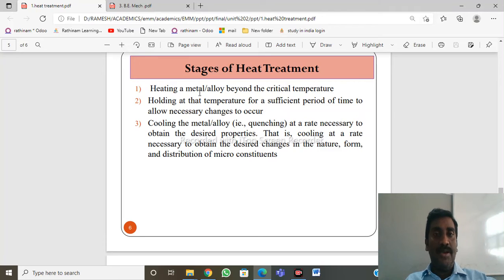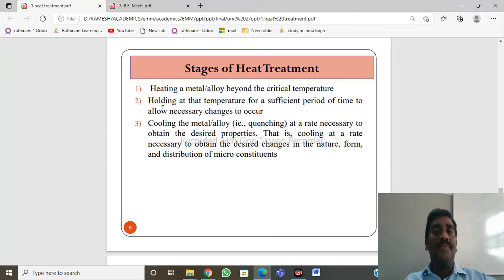Then hold at the temperature for a sufficient period of time to allow the necessary changes to occur. Heating is not the only important thing; holding is also most important. Maintaining the same temperature for a particular time makes the necessary changes in its properties and microstructures.